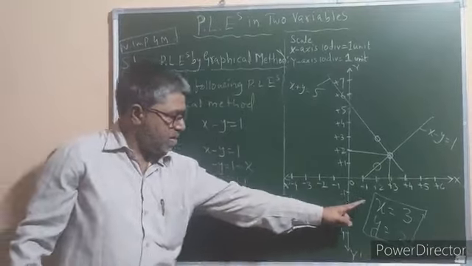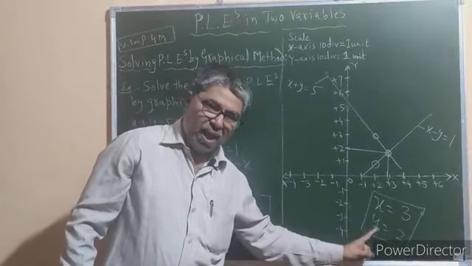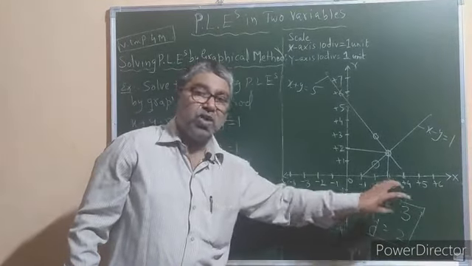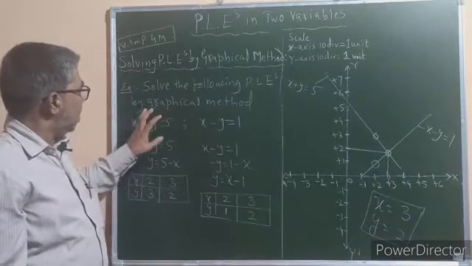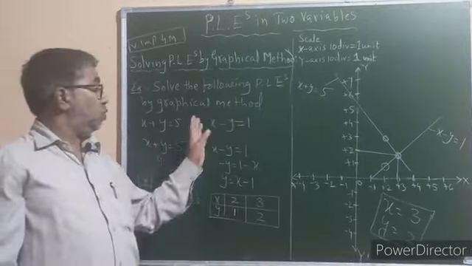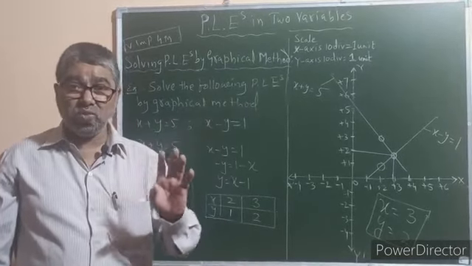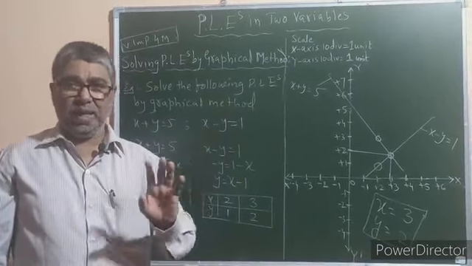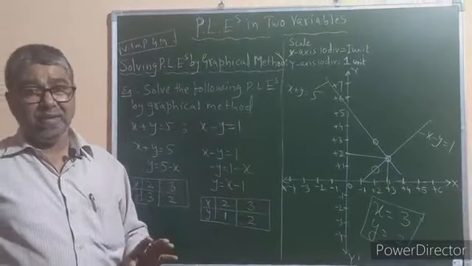So in this way x is equal to 3 and y is equal to 2 is the solution set for the equations x plus y is equal to 5 and x minus y is equal to 1. So this is the second example.